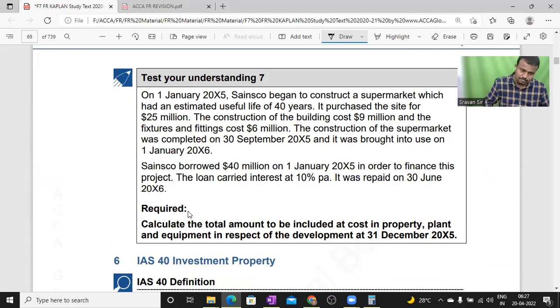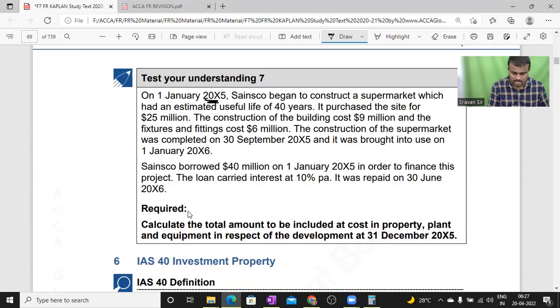Okay, so on 1st January 2000, Synisco began to construct a supermarket which had an estimated useful life of 40 years. It purchased a site for $25 million, the construction of the building cost $9 million, and the fixtures and fittings cost $6 million. The construction of the supermarket was completed on 30th September 2000.